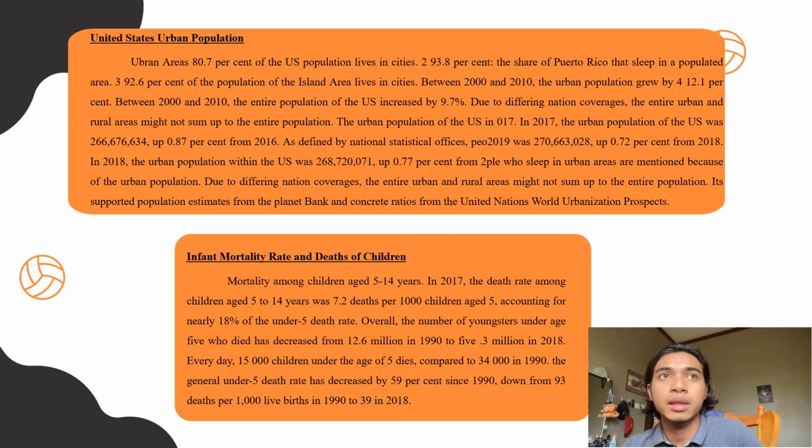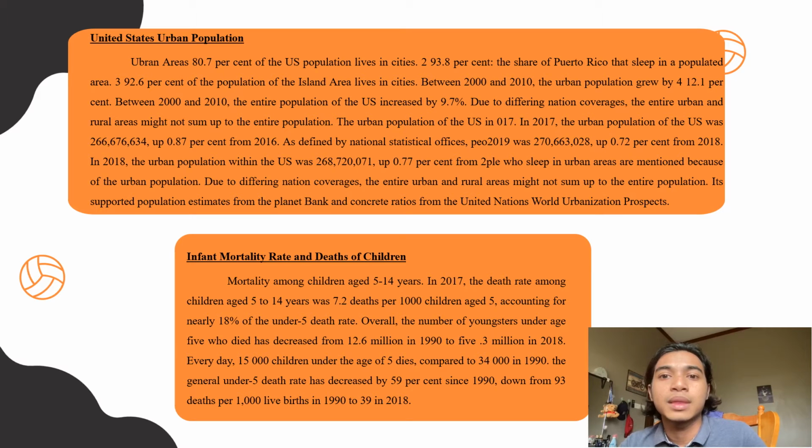Overall, the number of youngsters under age 5 who died has decreased from 12.6 million, which is 15,000 children under the age of 5, compared to 34,000 in 1990.